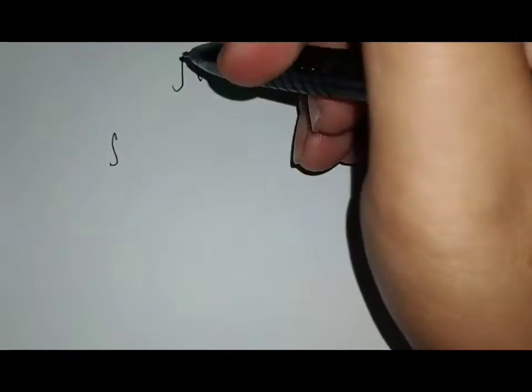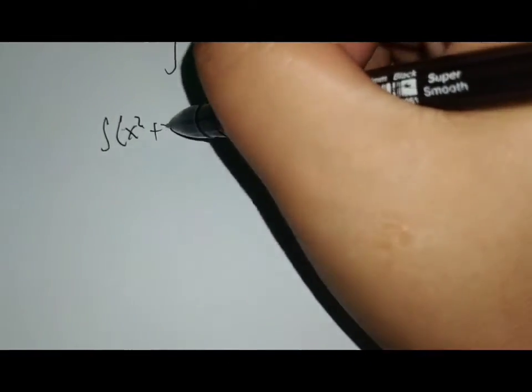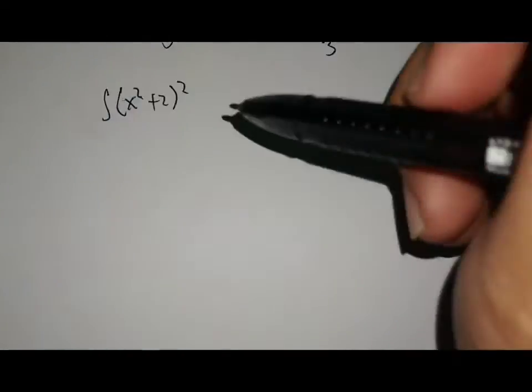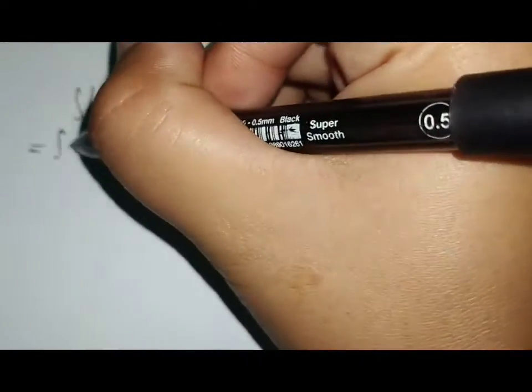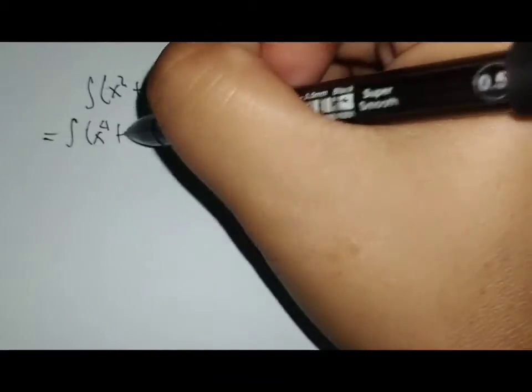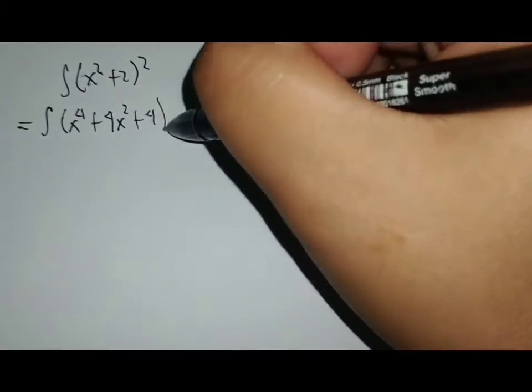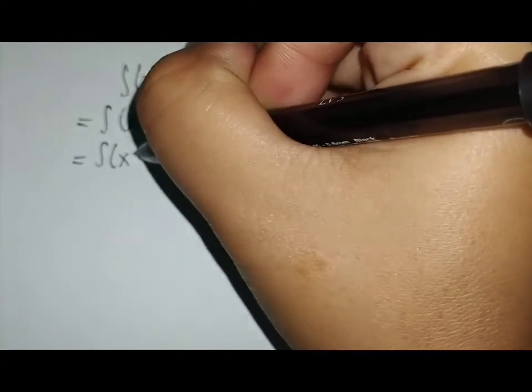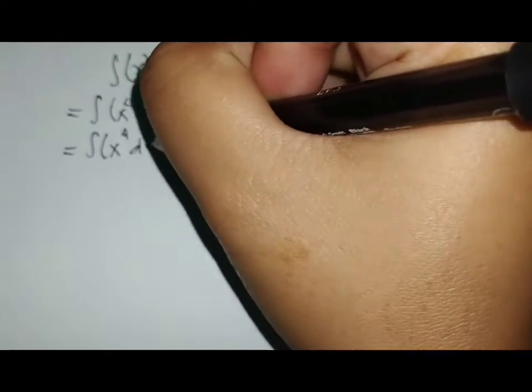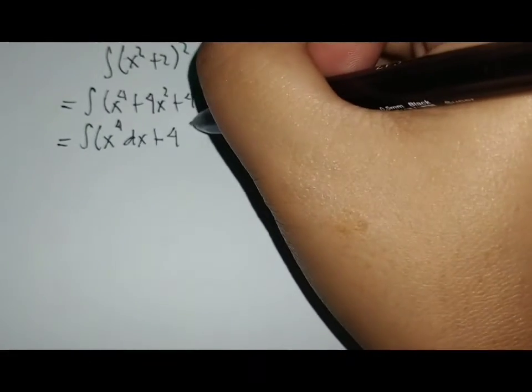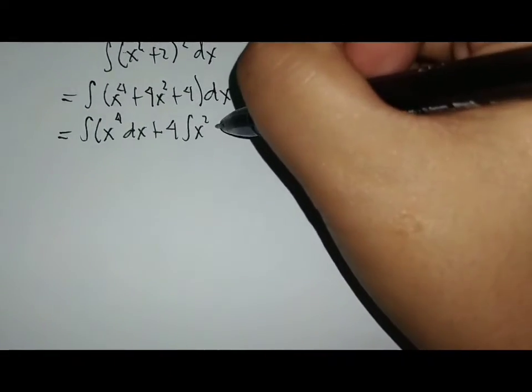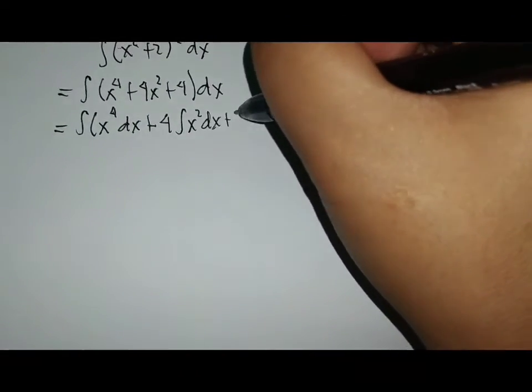Next, let us solve for integral (x squared plus 2) squared. Let's expand it to integral x to the 4th plus 4x squared plus 4 dx. Then apply linearity. It becomes integral x to the 4th dx plus 4 integral x squared dx plus 4 integral 1 dx.